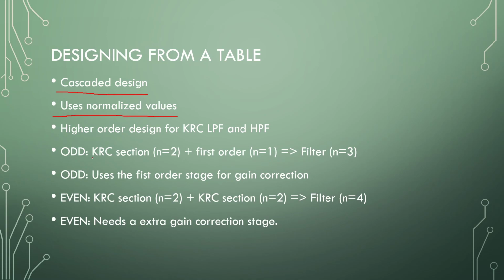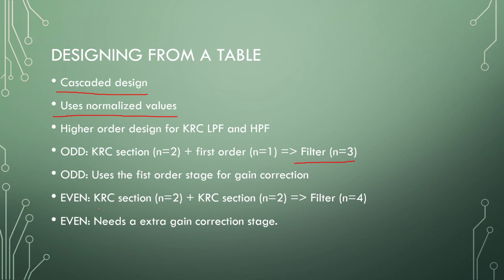Now, for odd designs, we have second order sections. So for a third order, it would be n plus 2, n plus 1 is a third order filter. Okay, so you can use the first order stage at the end to do your gain correction.